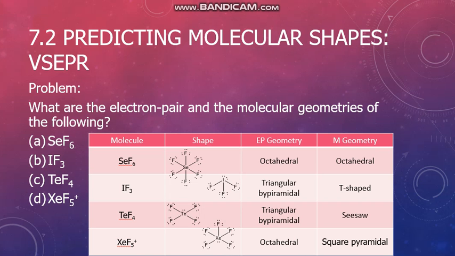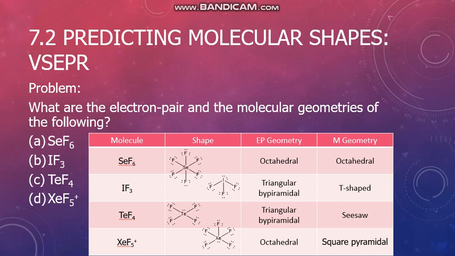So SeF6 or selenium hexafluoride has this shape. This one is octahedral since we have 6 electron pairs around it, and we do not have any lone pair, so it has the same molecular geometry as well. Next is IF3. IF3 has this Lewis structure. As we can see, this is AX3E2.